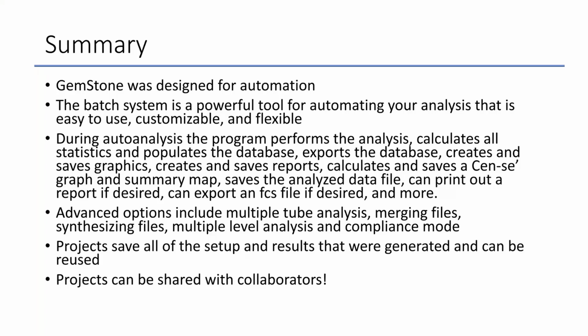During an auto analysis or auto advance, the program performs the analysis, calculates all the statistics, populates the database, exports the database, creates and saves all the graphics, creates and saves the reports, calculates and saves a Sensei graph and a summary map, and saves the analyzed data file. You can print out a report if desired. You can export an FCS file if desired, and more.